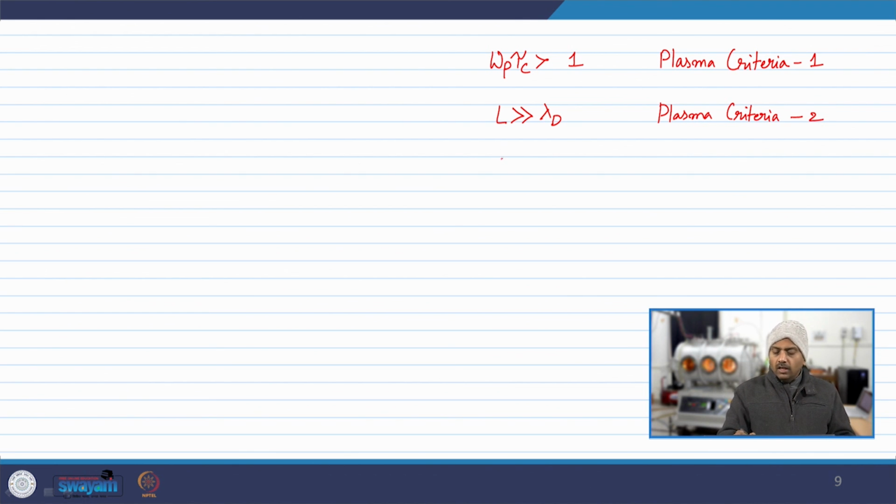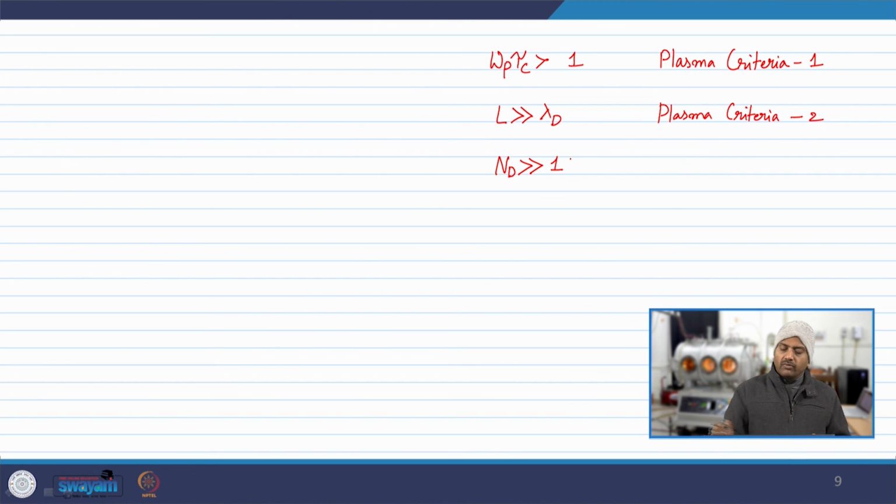And the third criteria is going to be in terms of the number of particles inside the Debye sphere. If Nd is the number of particles in the Debye sphere, for you to call an ionized gas as plasma, you would expect the number of particles should at least be 1.